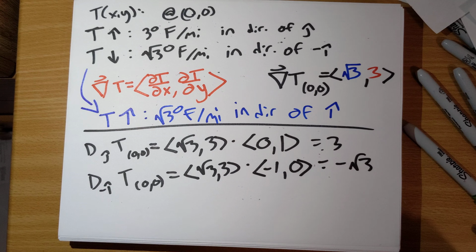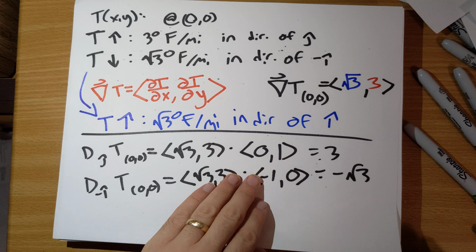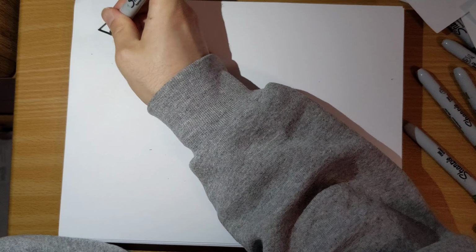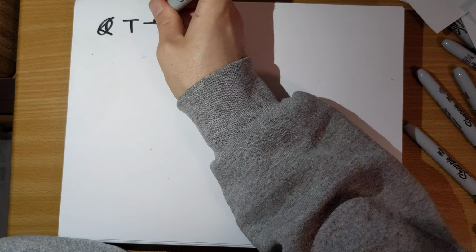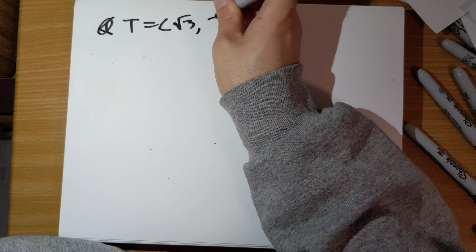Here's our gradient. Part B: write a unit direction vector v with negative first coordinate in which the rate of change of the temperature at the origin is 0. So here is our gradient recopied.